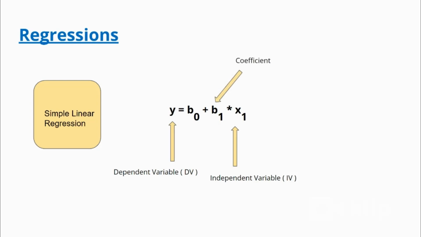b1 is basically a coefficient. The coefficient represents the proportion by which y would increase if we increase x by 1 unit. So to make it easy, ignore b0 for instance, and if we were supposed to increase x1 by 1 unit and b1 was 5, then y would increase by 5 times, right?